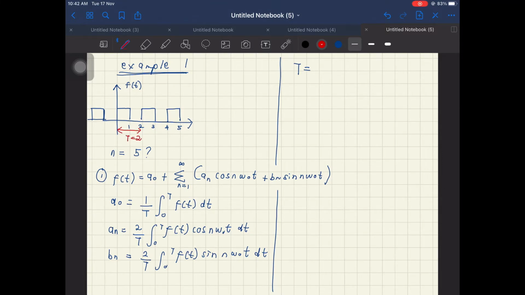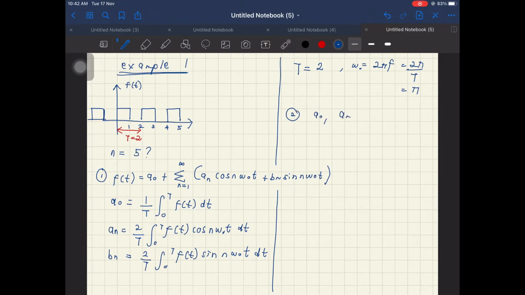Referring to the graph, we know that T is equal to 2, because the signal starts at 0 and ends at 2 and repeats again from 2 to 4 and so on. So omega is equal to 2 pi f, where f is equal to 1 over T, meaning 2 pi over T. We already have T equals to 2, therefore our omega naught is equal to pi.